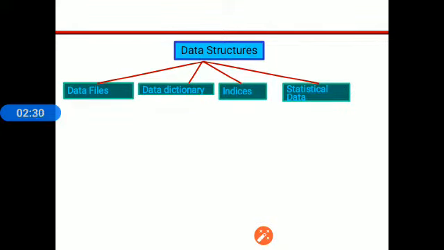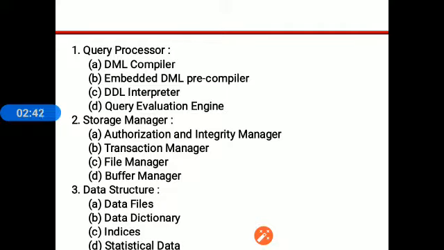And last is data structure, which consists of data files, data dictionary, indices and statistical data. Now let us see in detail different blocks. In query processor, there are DML precompiler, embedded DML precompiler, DDL interpreter, query evaluation engine.